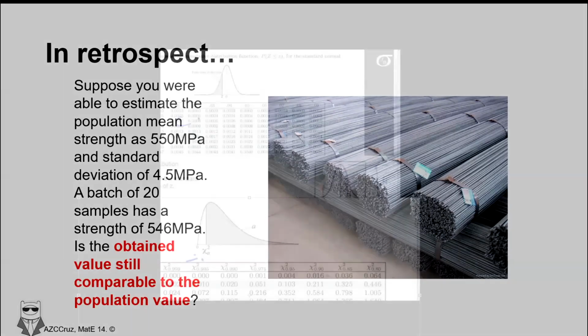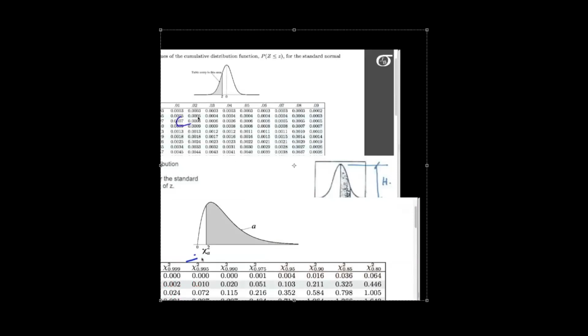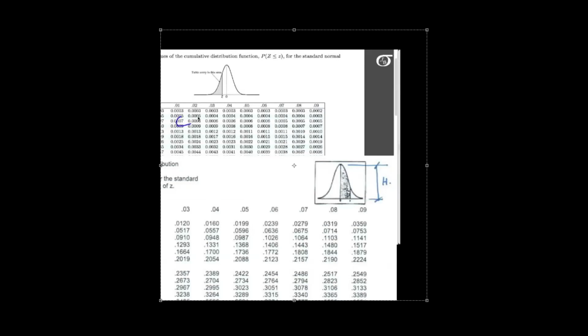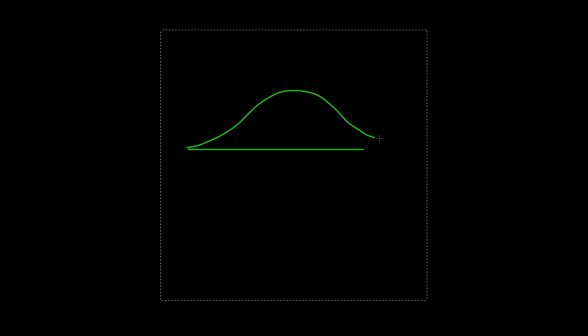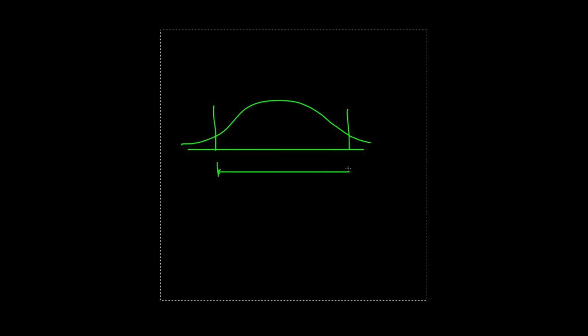So if I were to draw it, eto. So ito yung distribution natin, no? Confidence interval is saying na gusto ko mahanap itong interval na to. Okay? Hahanapin ko yung interval na to for which the true mean will lie given a certain confidence level.